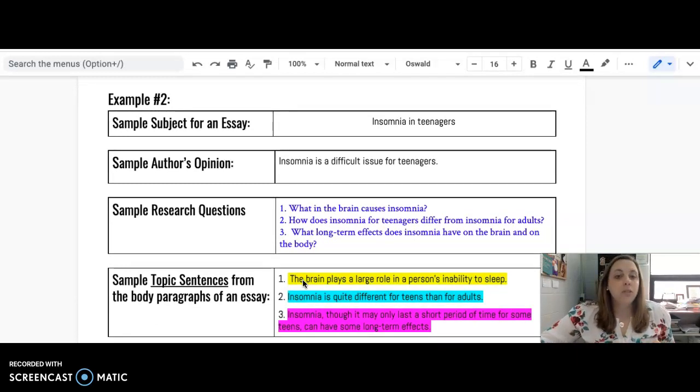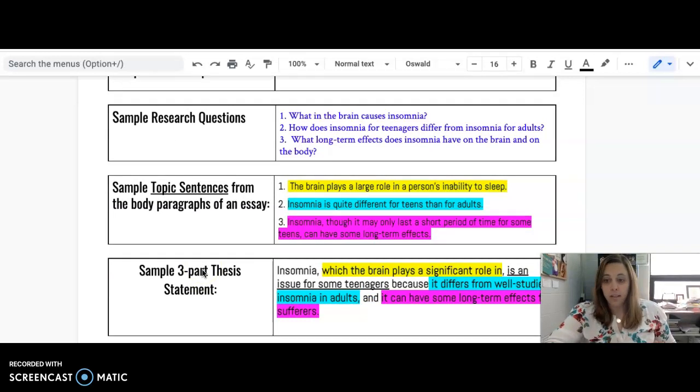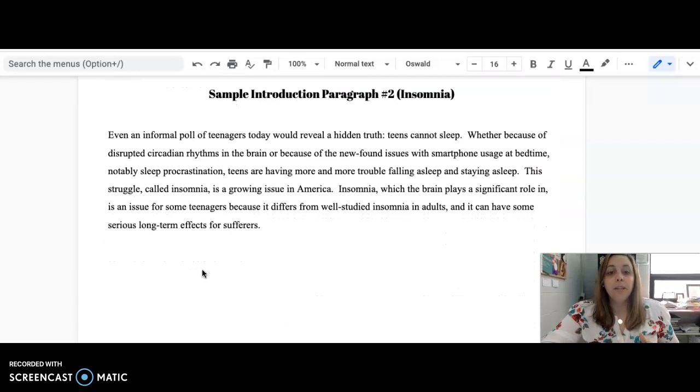And the reason I want you to start here is because this is the research topic that I've been showing you through all of our videos so far. So what we're going to do in order to build our intro is we have to figure out a subject, we have to figure out an opinion, research questions, topic sentences, thesis statement, all the things. Before we go over any of that, I'm going to show you. This is the end product.